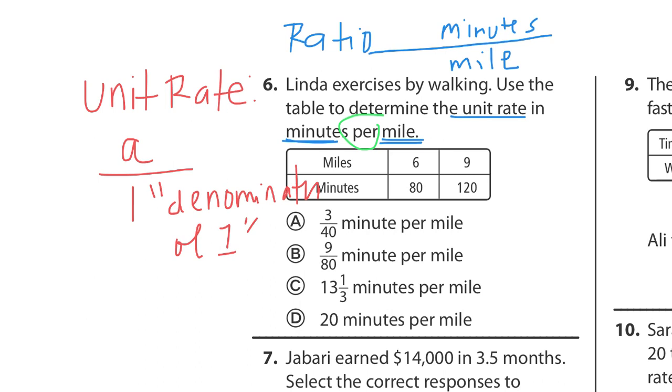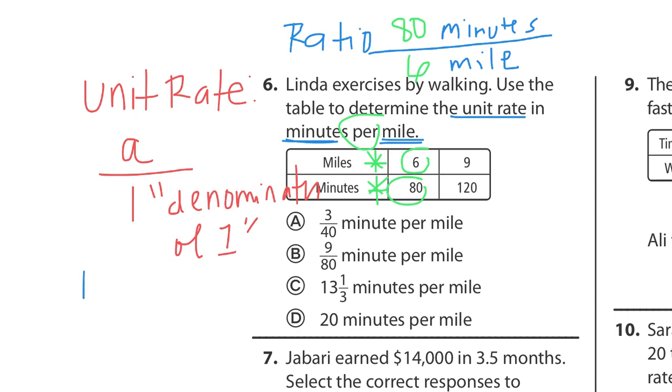And I'm just going to grab one of the ratios. For instance, 60 and 80. I need to put 80 in my minutes and 6 in my miles. So that now I can find my unit rate.